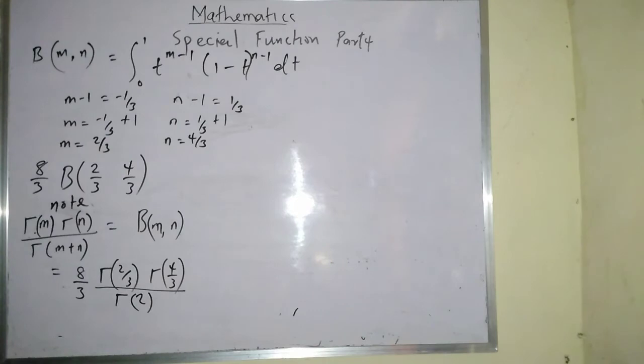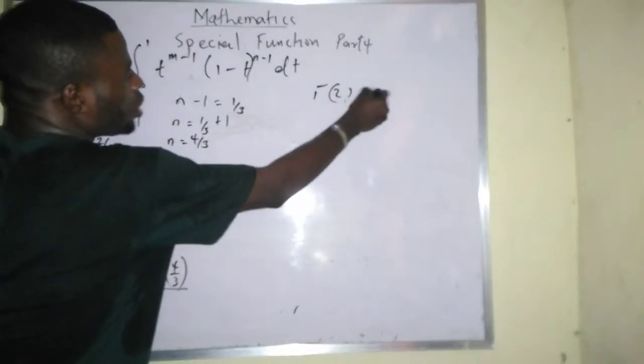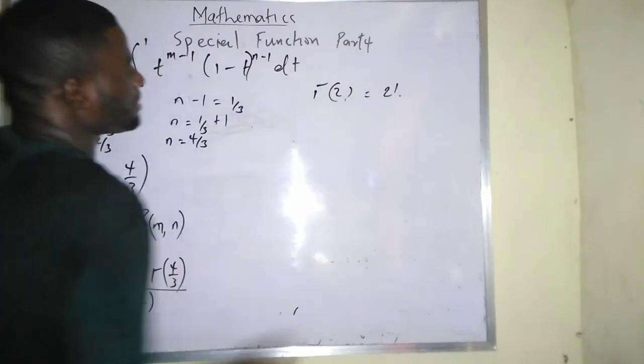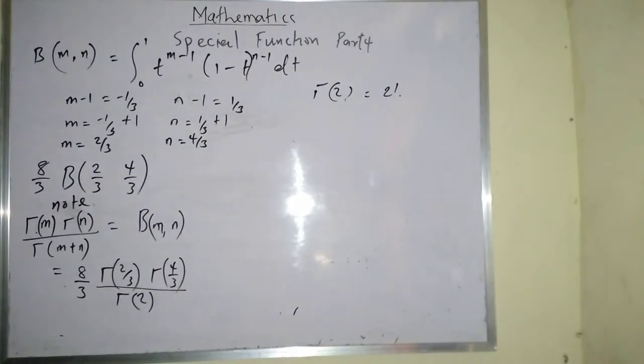Now, since I have that, what is my gamma of 2? My gamma of 2 is always 2 factorial. Gamma of 3 is 3 factorial. Now, it means gamma of 2.